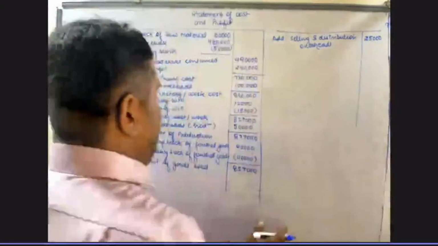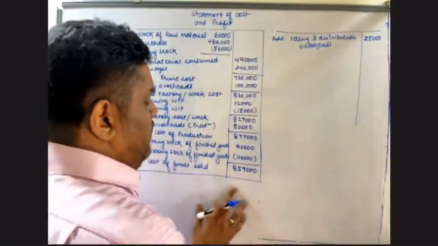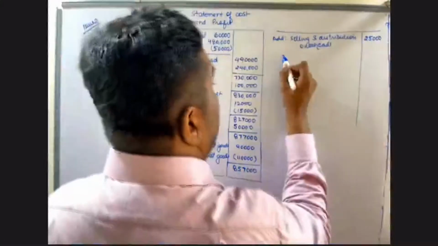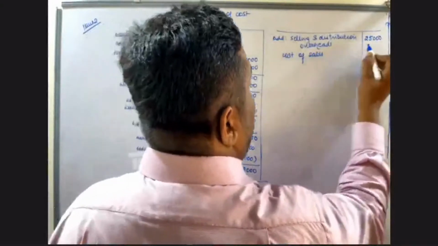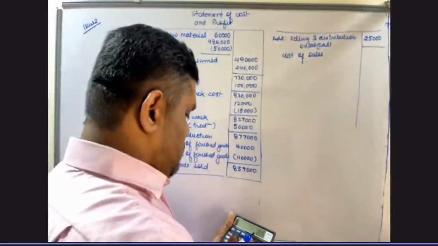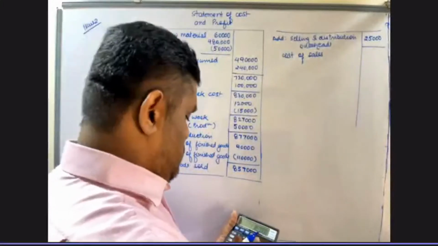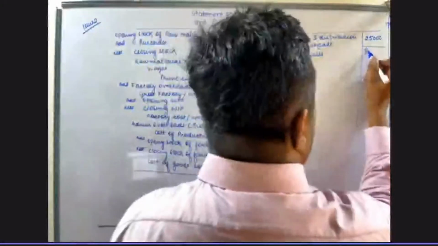Selling and distribution overheads are 25,000. So we will get the cost of sales, that is 8,82,000.